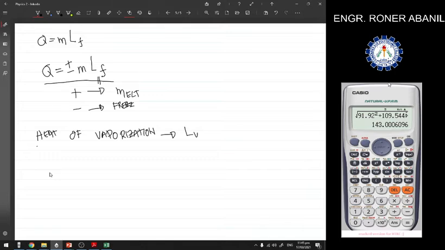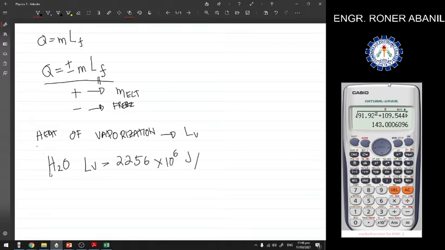At normal atmospheric pressure, the heat of evaporation of water, no? Kung pag-uusapan natin H2O, yung LB niya is equal to 2.256 times 10 raised to 6.